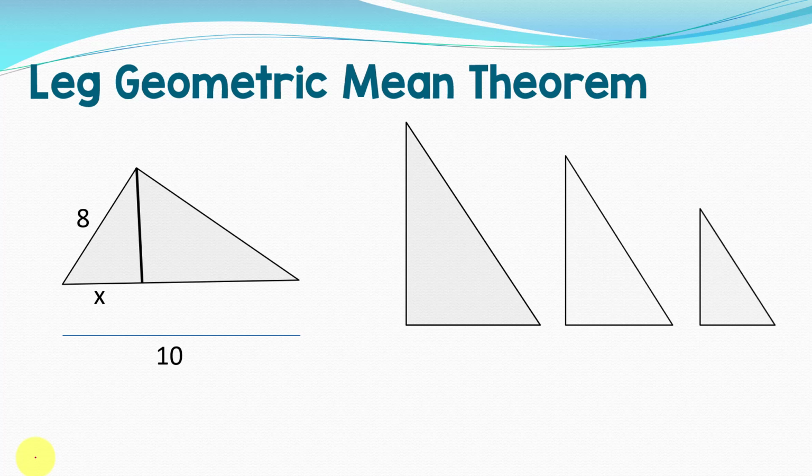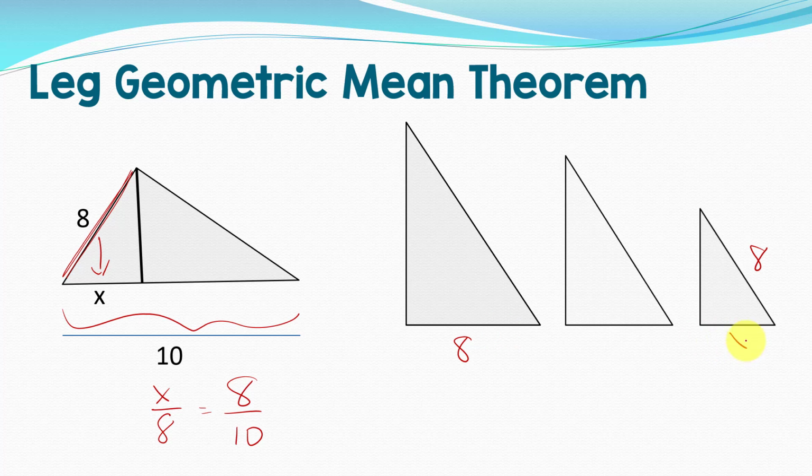All right, so here again, this leg is not the geometric mean, but we still are going to list that twice. 8 equals 8, and it is the geometric mean between x and the total, which is 10. We'll match it up here, so this is the small side, and it is also the bottom of the big one.